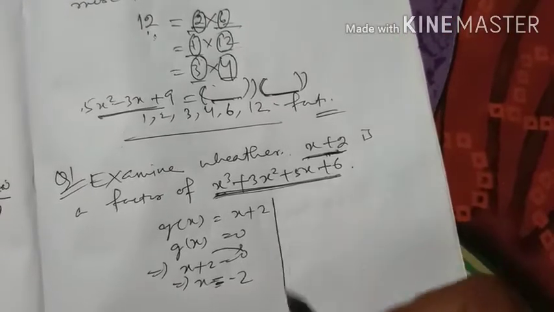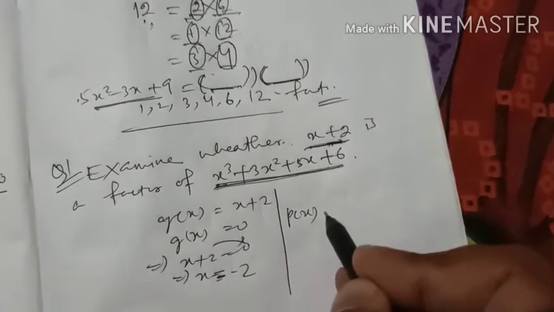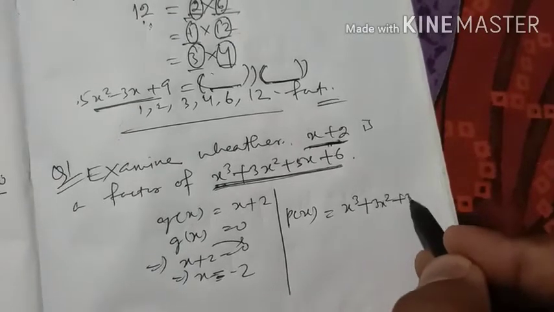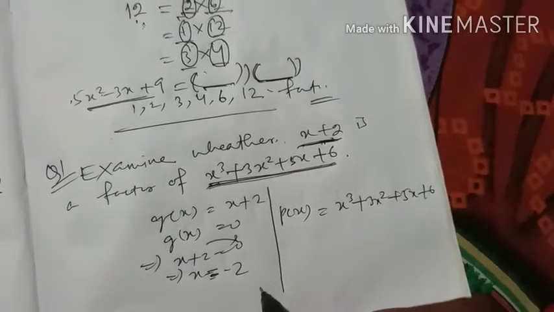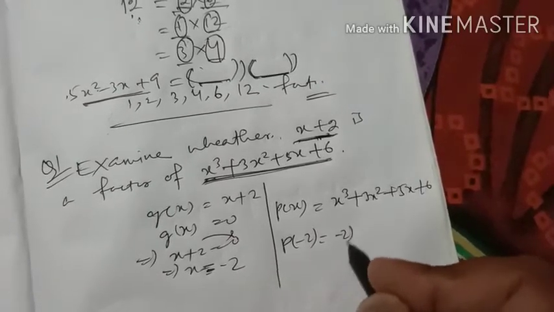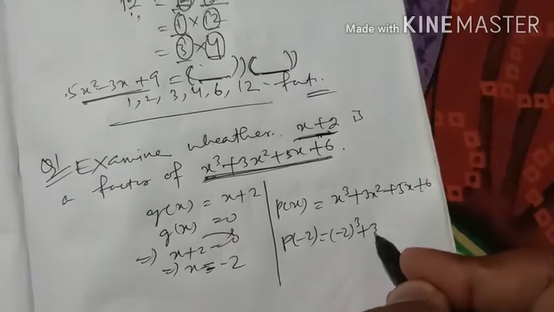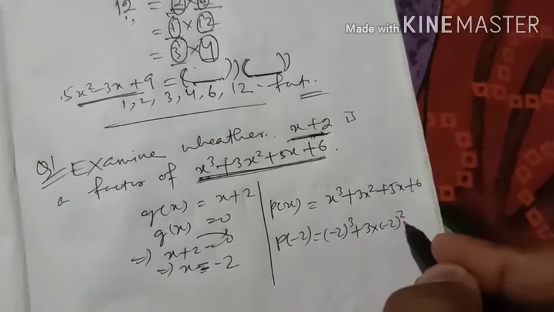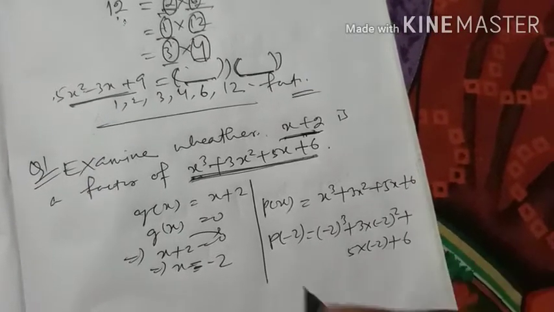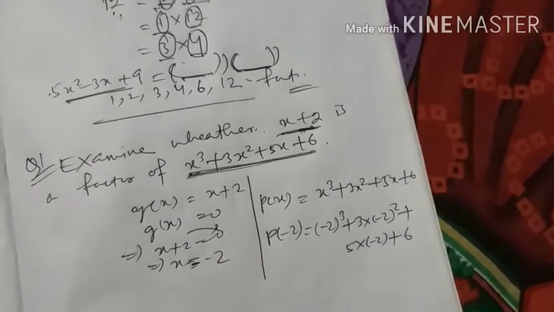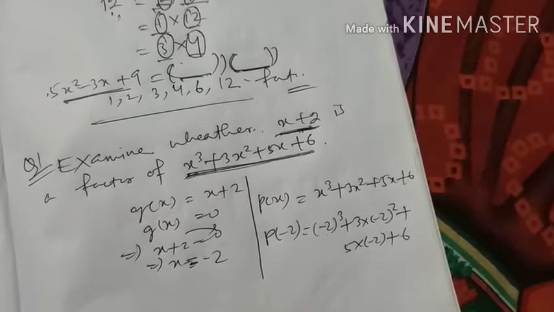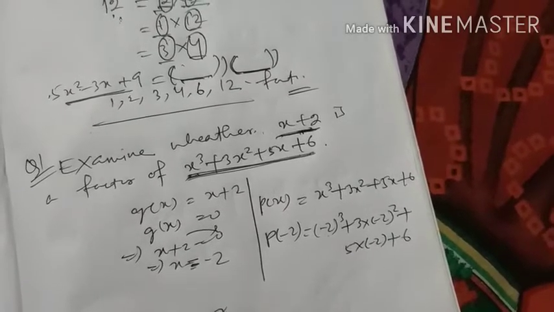And look here, p of x polynomial is equal to x cube plus 3x square plus 5x plus 6. Here we will find p of minus 2, that is, minus 2 cube plus 3 into minus 2 square plus 5 into minus 2 plus 6.